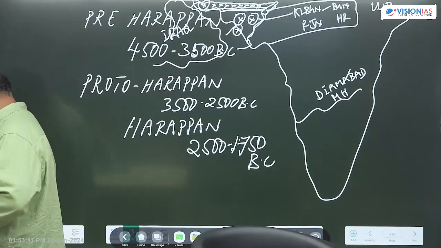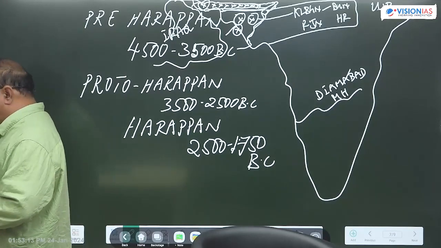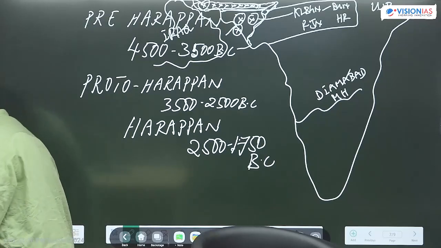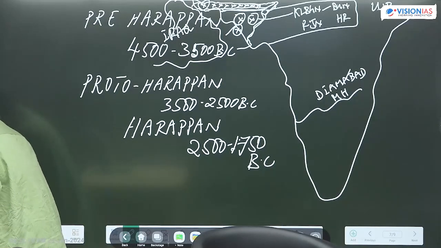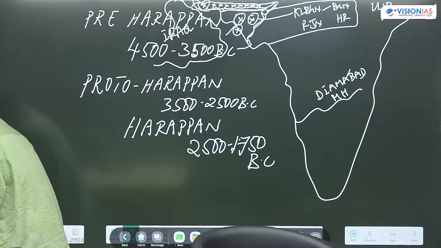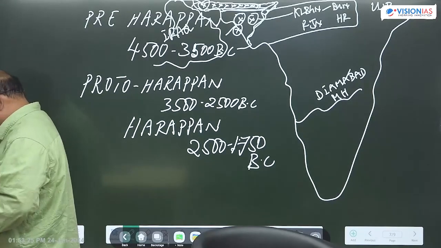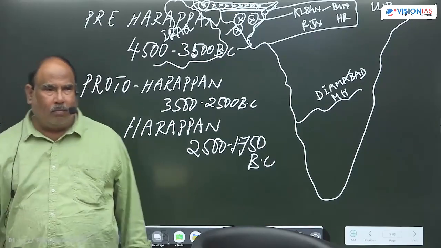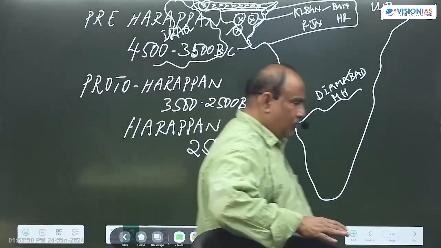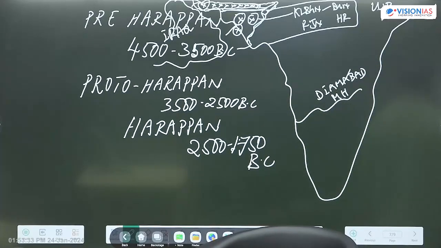Next, number 3. The utmost unique aspect, utmost, U-T-M-O-S-T, of the civilization was underground drainage systems with manholes.